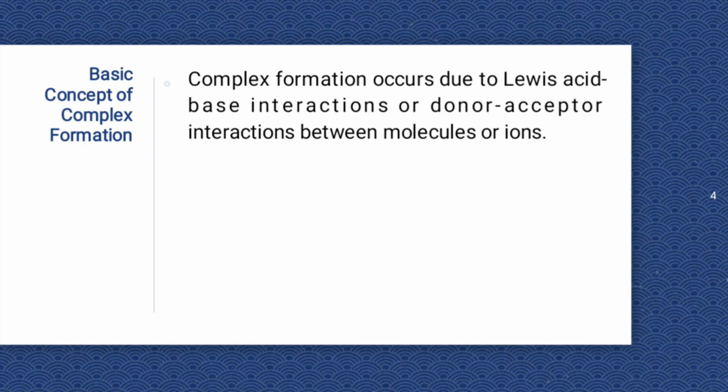So students, basically complex formation occurs due to Lewis acid-base interaction or donor-acceptor interaction between molecules or ions. Complex formation occurs when one molecule or ion donates an electron pair and another accepts it. That is what we call Lewis acid-base interaction.